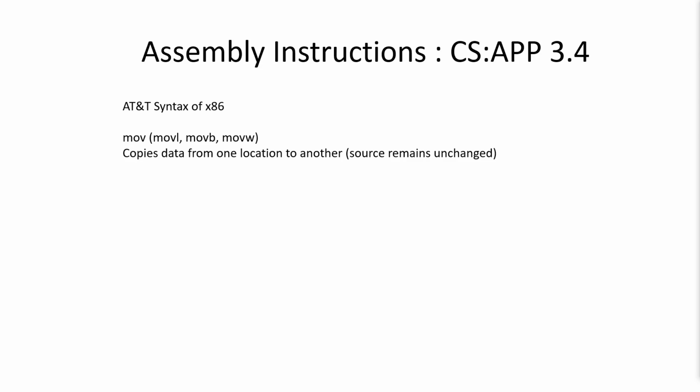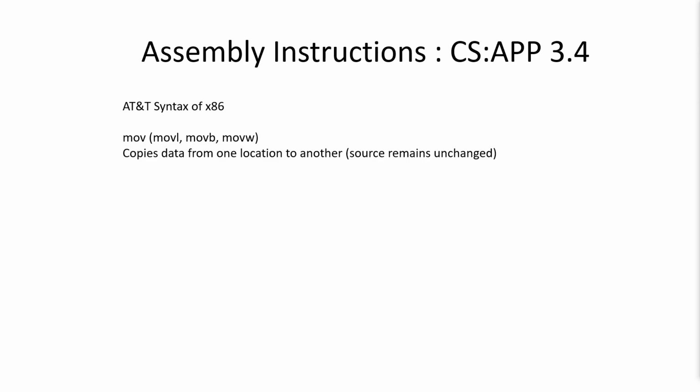Okay, so we started off talking about how to access memory, how to get data into those registers, and that was the move command. In all of the examples, I'm going to be using the AT&T syntax of the IA32 or x86 version of it. And the basic command here was move, but with the AT&T version, I need to add the length of the data that I'm moving.